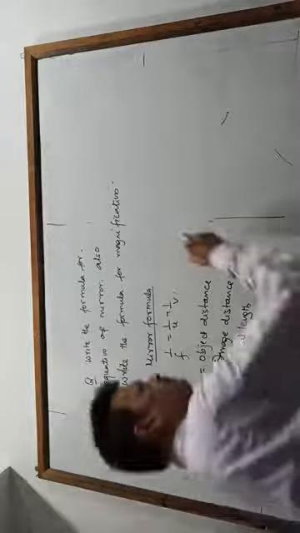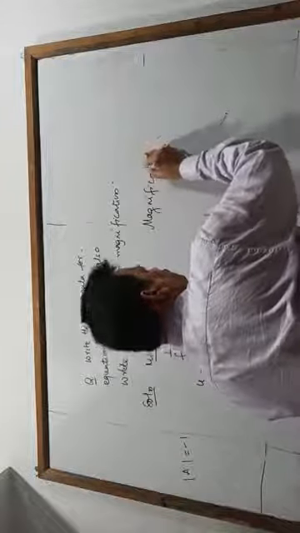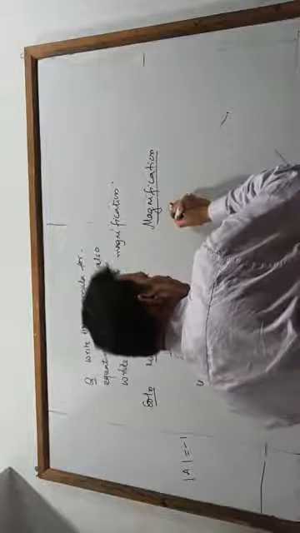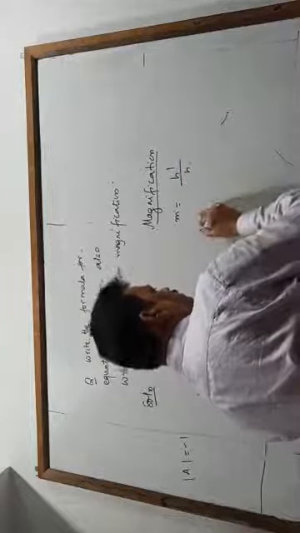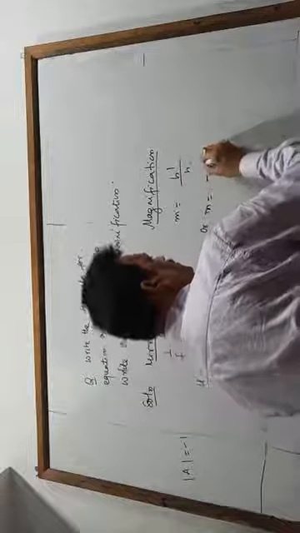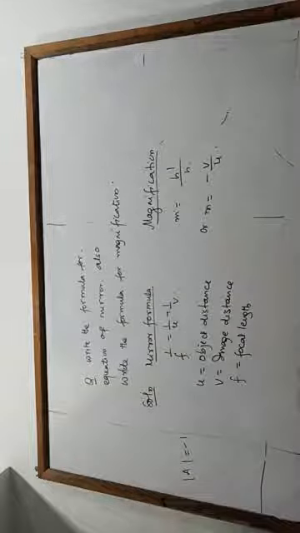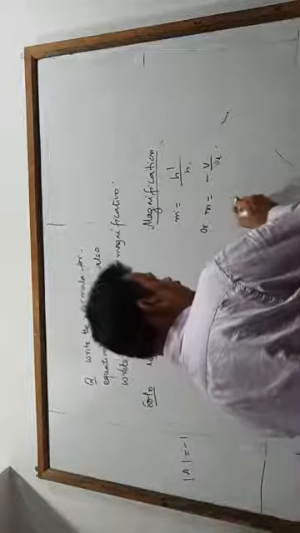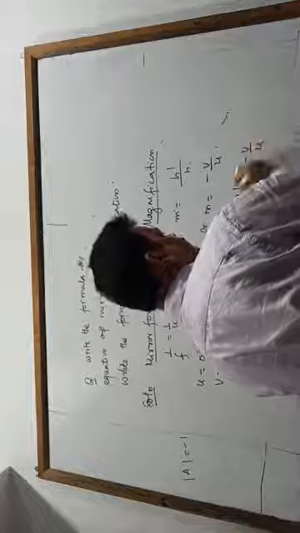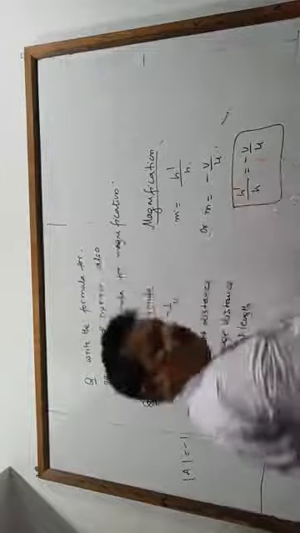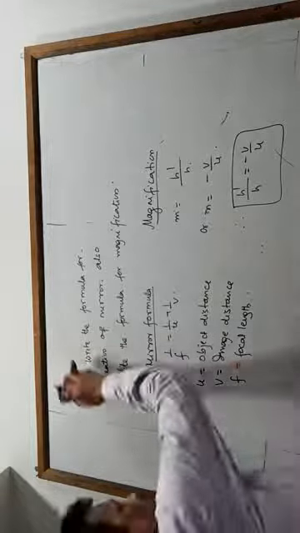Okay, magnification. M equals H dash by H, or M equals minus V by U. Both you have to remember. So from here you get H dash by H equals minus V by U. Okay. We can start a problem based on this. Let's start with a small question.